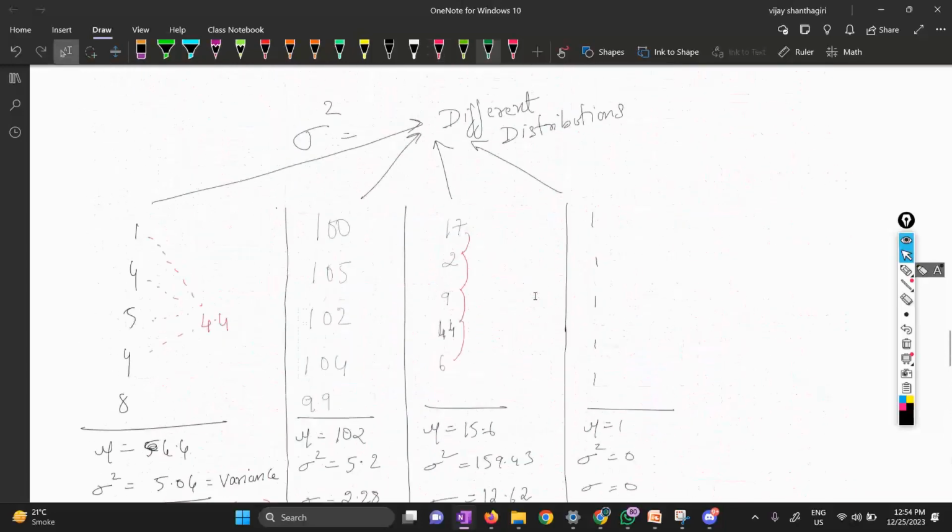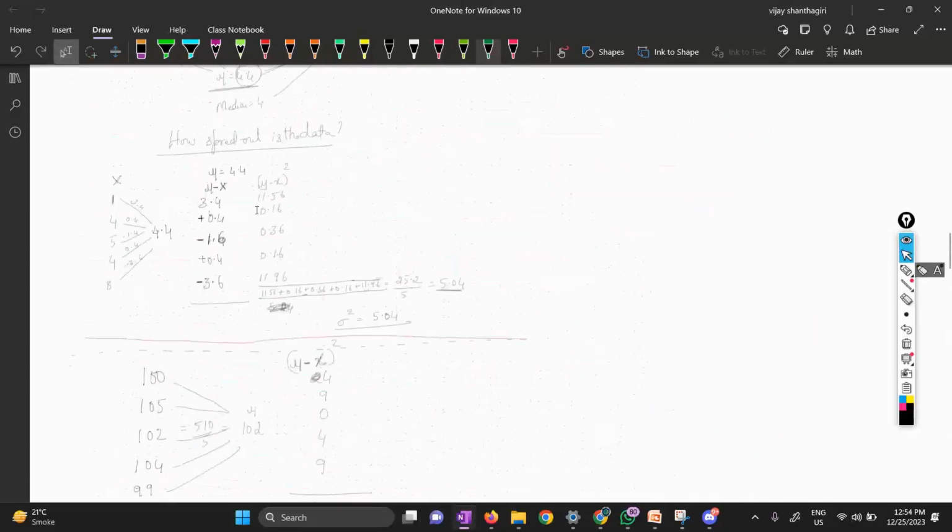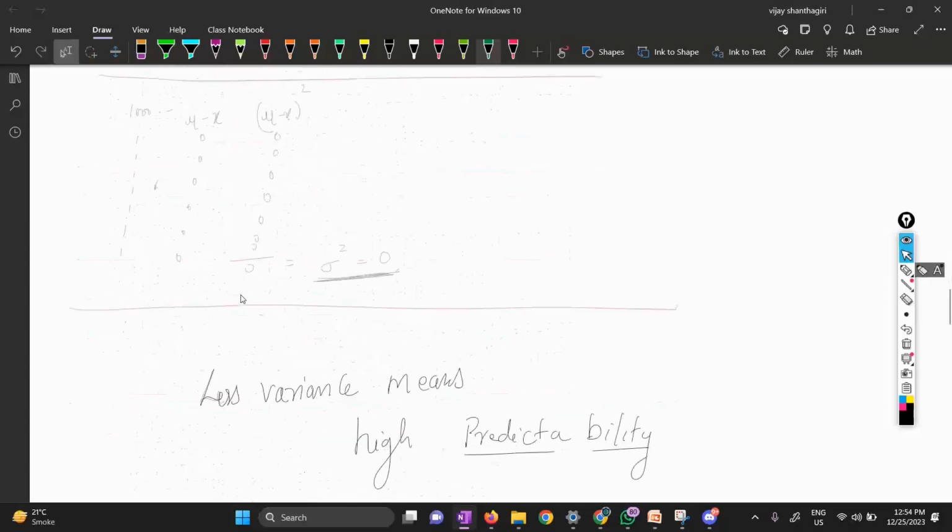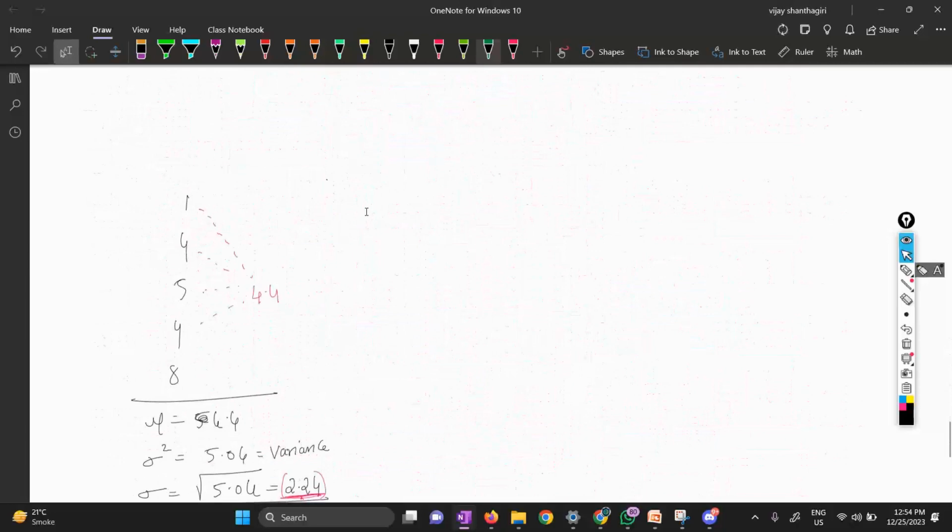I have this value here. Take the absolute value. 3.4, 0.4, 1.6, 0.4, 3.6.